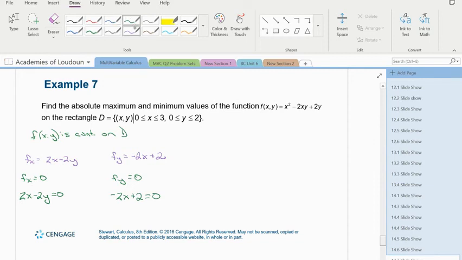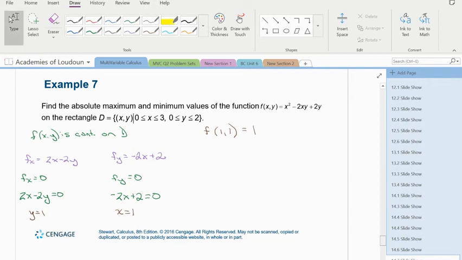From there we can see that x is going to be 1, which means y will equal 1. So our only critical point is (1, 1), and the value of f at (1, 1) is 1.